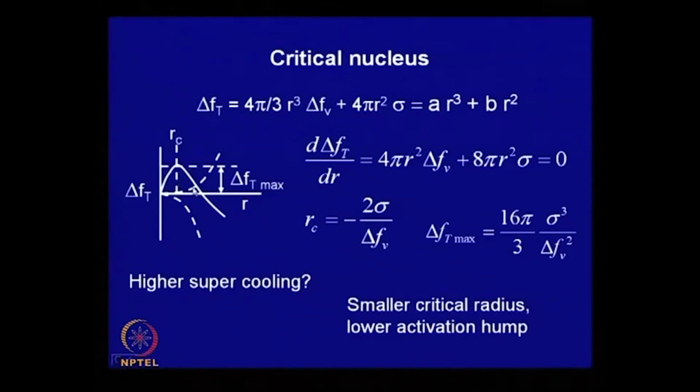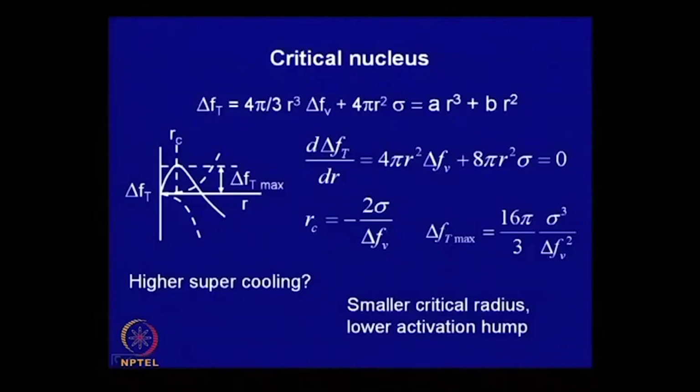So, in a way you can say that if the supercooling is more, the reaction will be much more spontaneous, it can take place easily. Therefore, to get a finer grain size in the solidified material, you have to cool it fast, so that there is a higher degree of undercooling and the critical nucleus size is small.